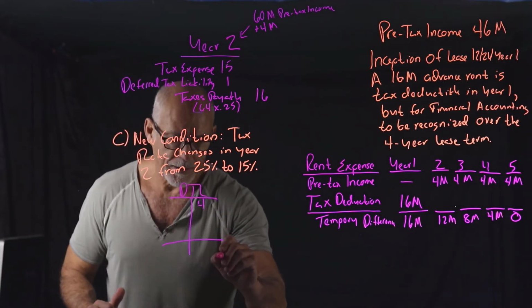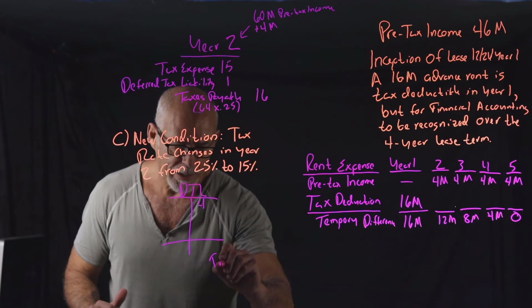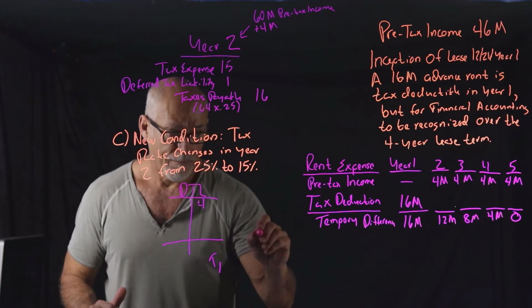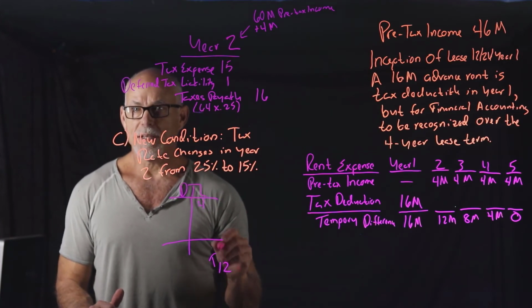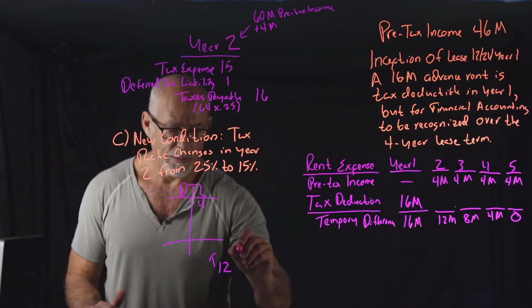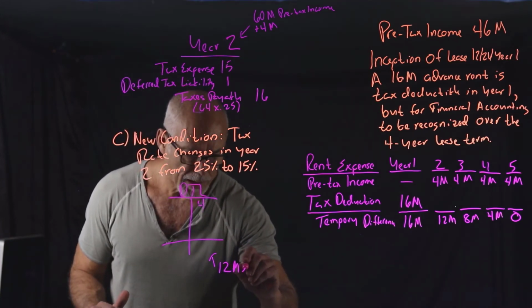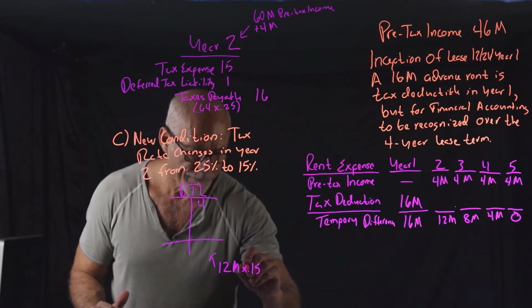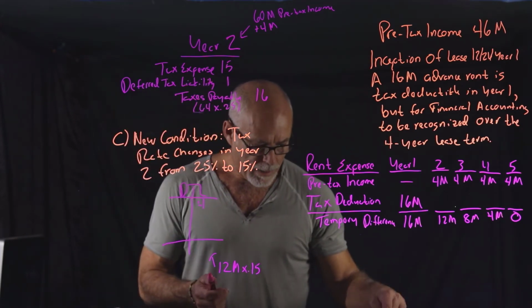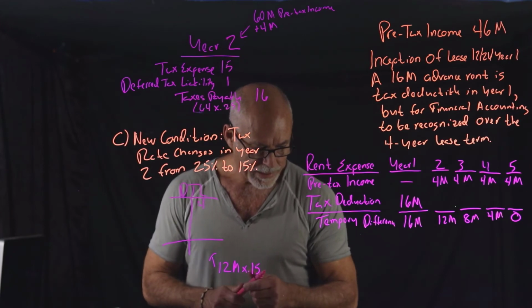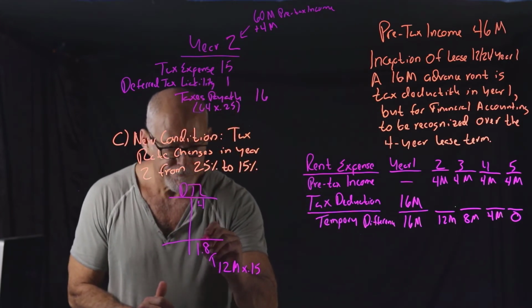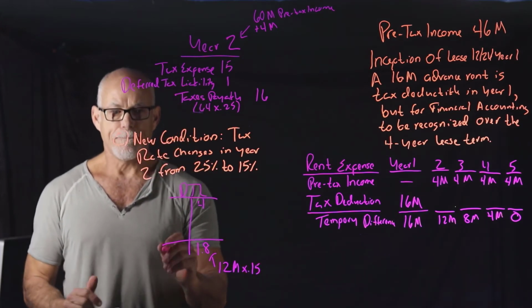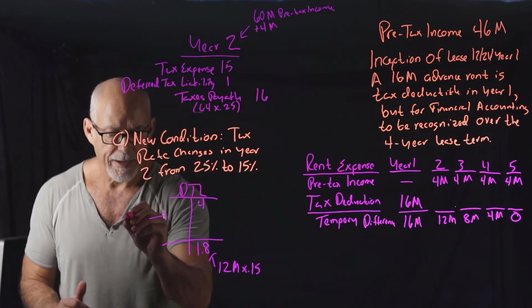And then I'm going to come down here and determine what it needs to be, and it needs to be 12, because that's the existing book to tax difference at the end of year 2. 12 million times 0.15. And that's going to give us 1.8. And that's where it needs to be. The adjustment is right there.